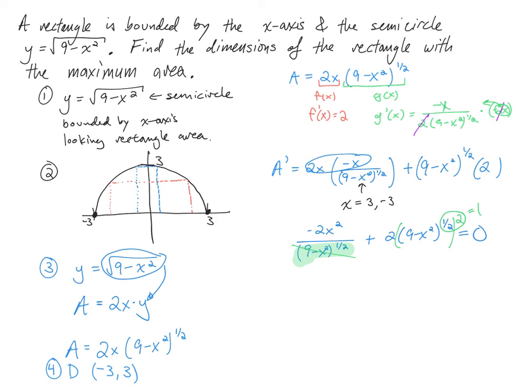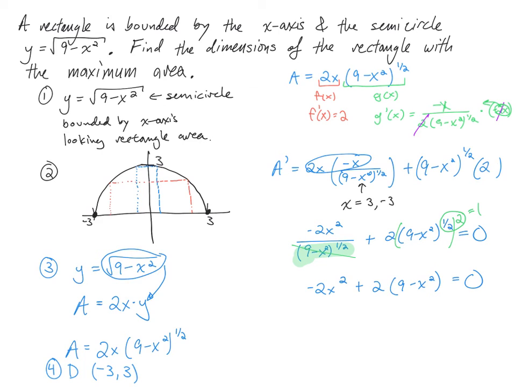So what that means is we have a simplified function: negative 2x squared plus 2 times (9 minus x squared) equals 0. Yeah, it ends up being that simple.